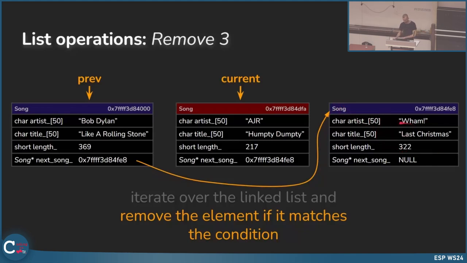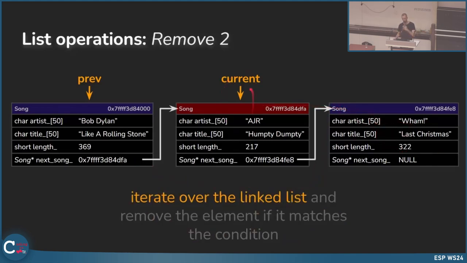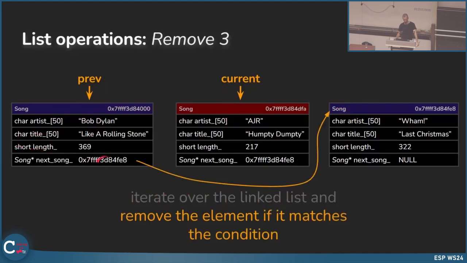So you have to remember your current you want to delete. You have to remember what's my previous, and just set on my previous next song is not this one, but it's my last Christmas song. So this is basically what you should do when you remove something from a linked list, and it's so much easier.